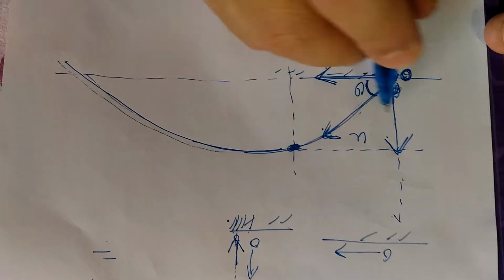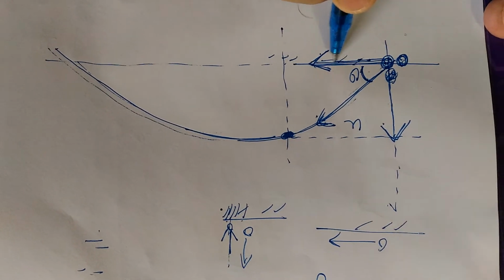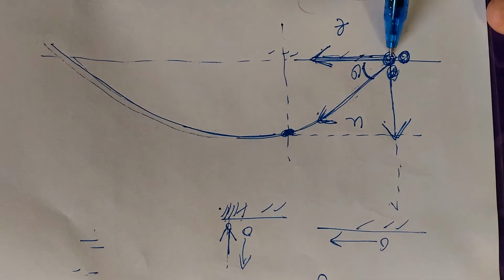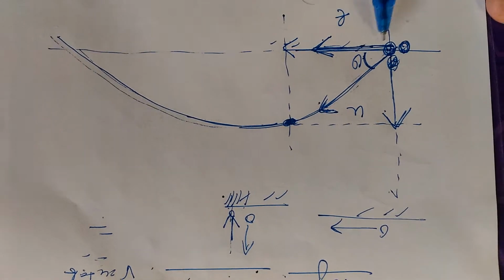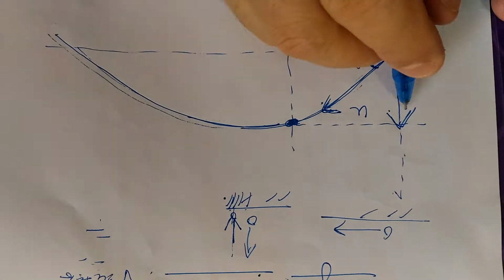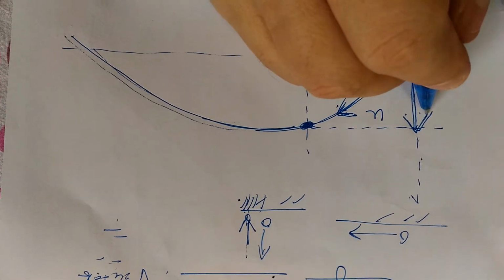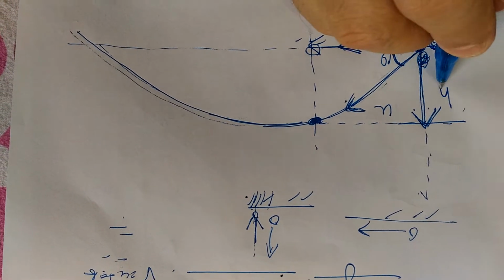So the common factor in these two motions is time. That means the time taken t by this horizontal stone to move this horizontal distance, say x, and the same time t will be taken by this vertical stone to travel this distance h.